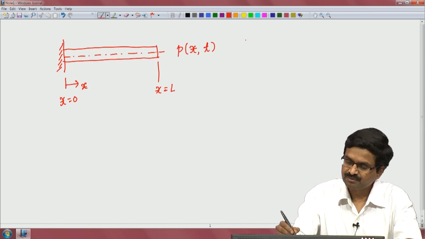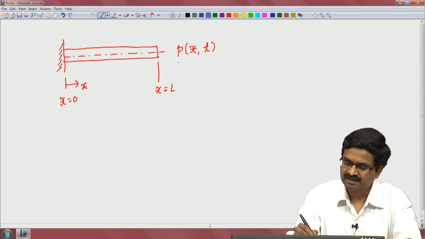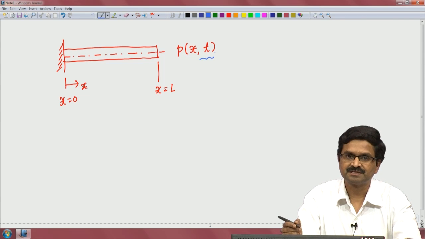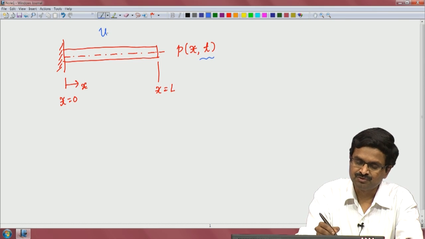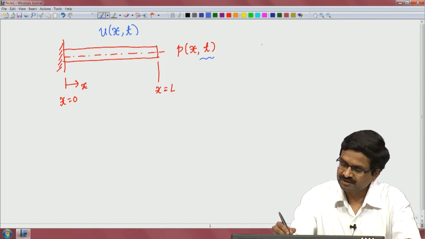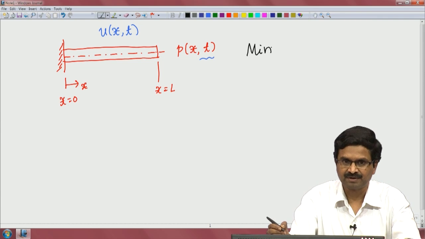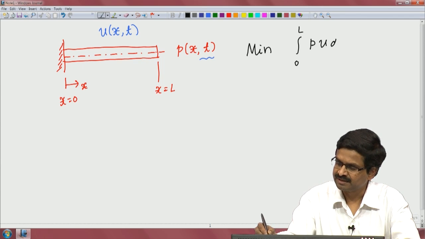Now, we would like to make it stiff under dynamic conditions, because the fact that this is a function of time tells us that when the load changes as a function of time, the structural deformation u, the axial deformation, will also be a function of time. Okay. So, what we would like to minimize now to make it stiff under dynamic conditions is the integral over L of P u dx.